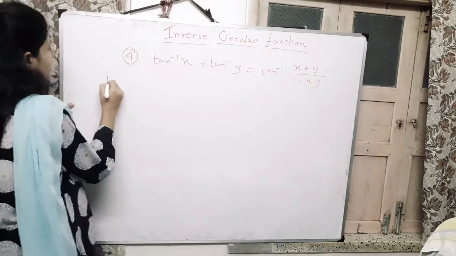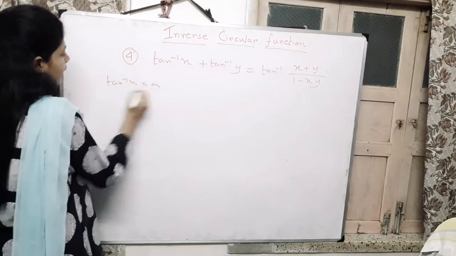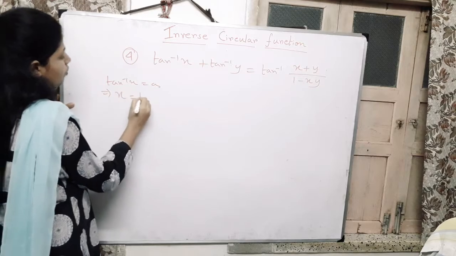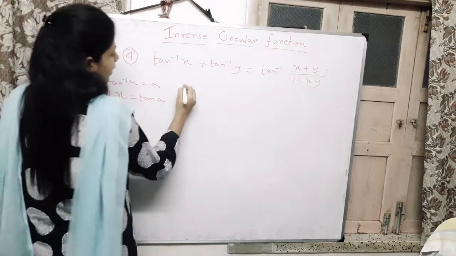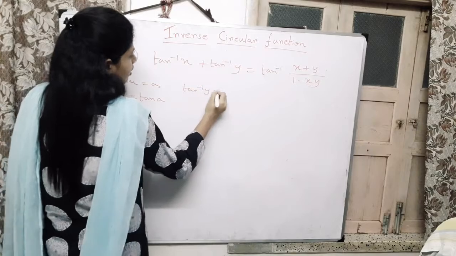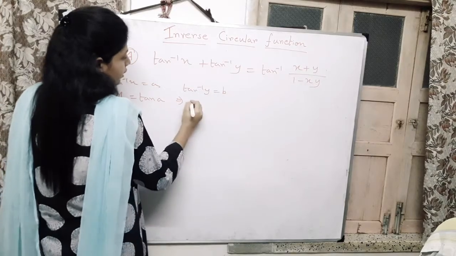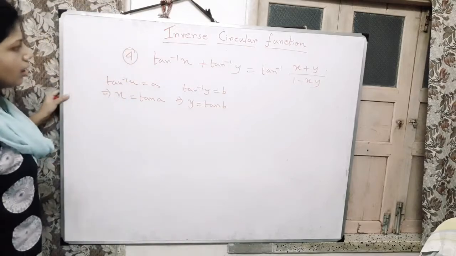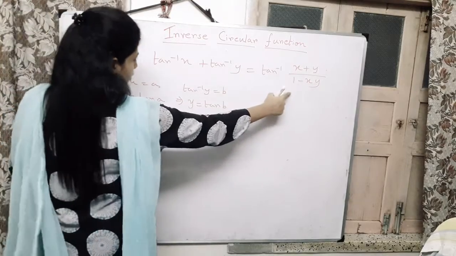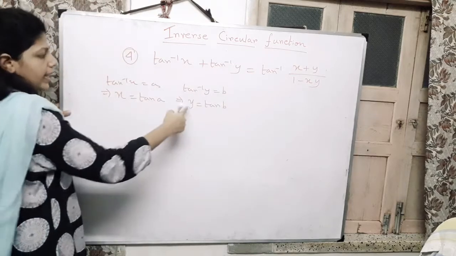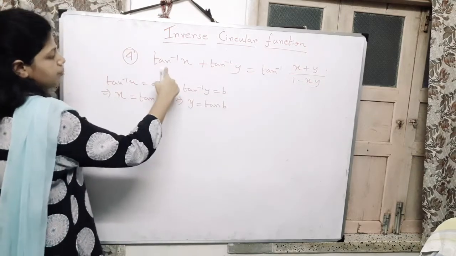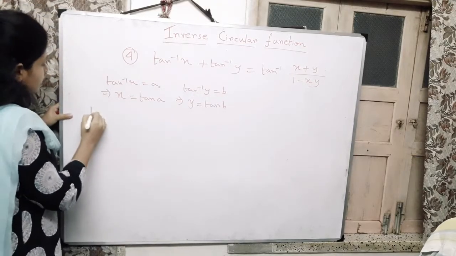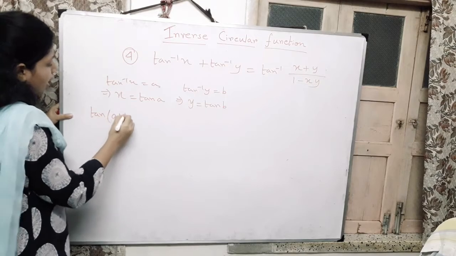So take tan inverse x as a, then x equals tan a. And if I take tan inverse y as b, then y equals tan b. Now we have to find this one. So x equals tan a, y equals tan b. We have to do a plus b here.